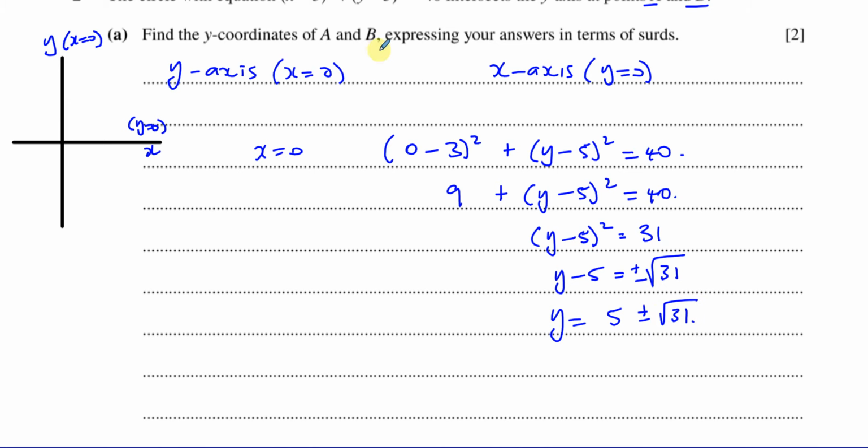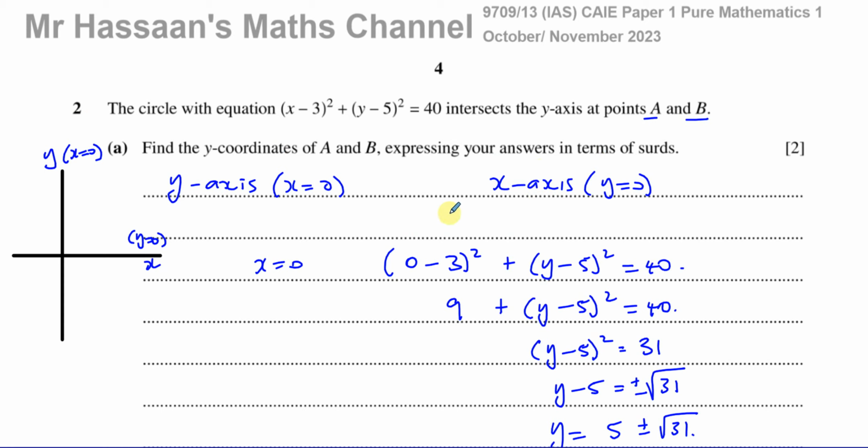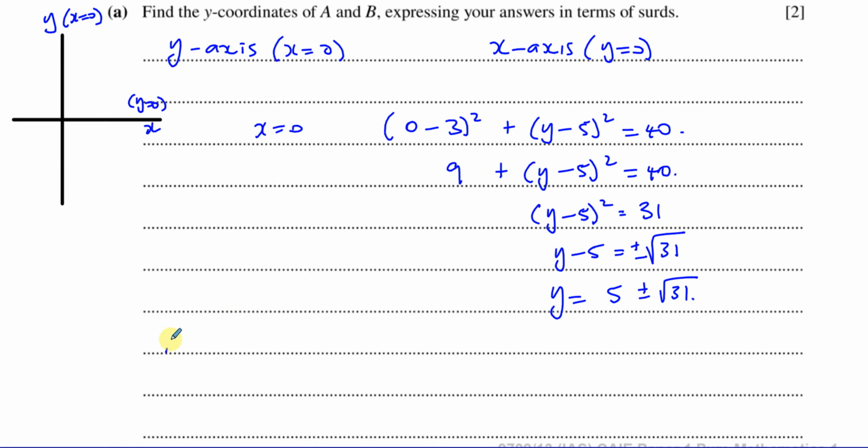So it says find the coordinates of A and B. It didn't tell us where A is and where B is in relation to each other, so we can call either of them A and B. So let's call A, it's a y-coordinate, so the x-coordinate is 0, and the y-coordinate is going to be 5 + √31, and for B, it's going to be 0 and 5 − √31.